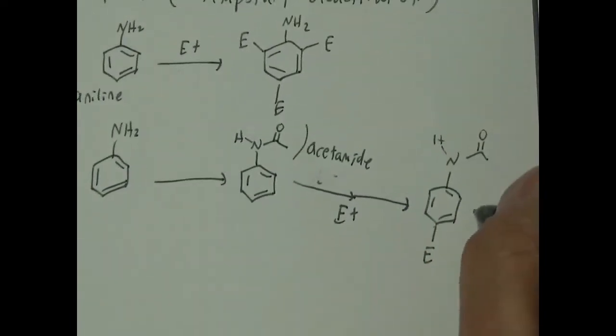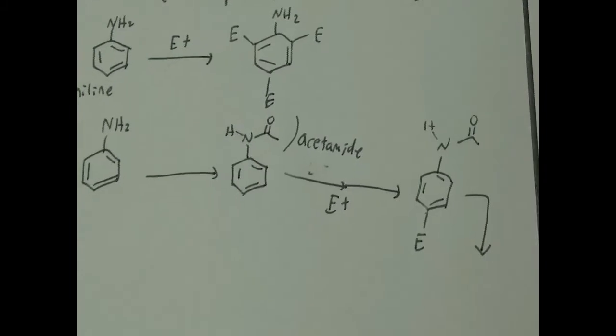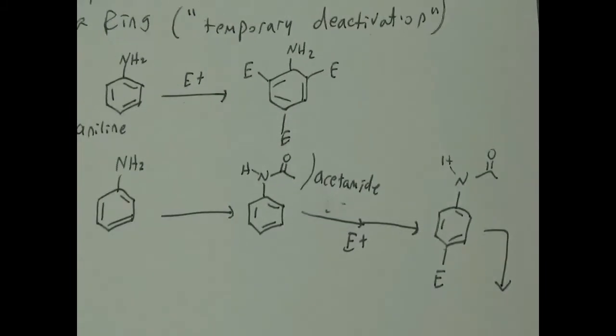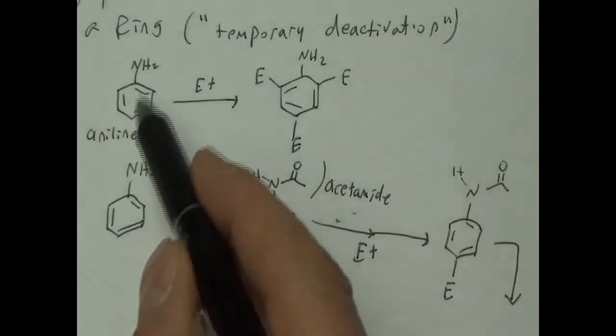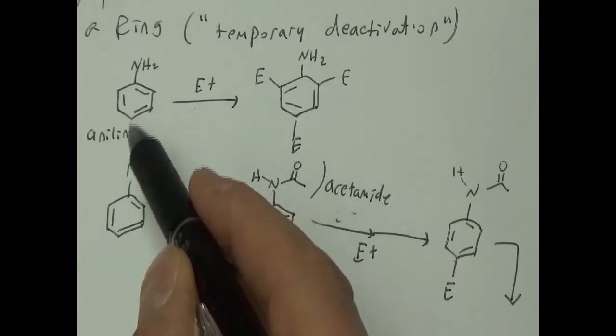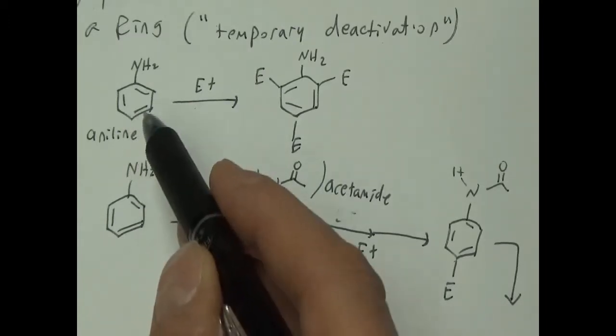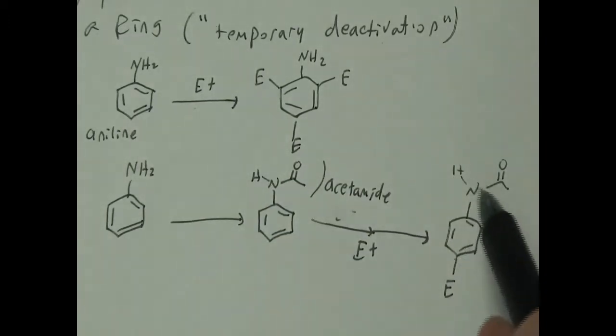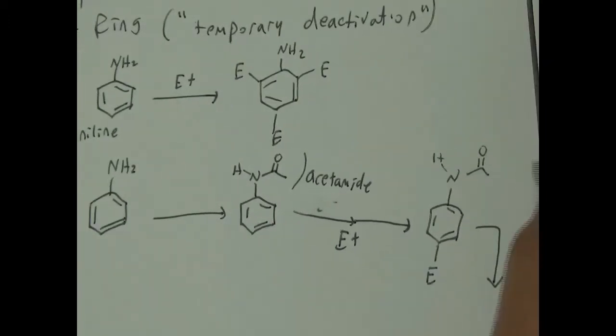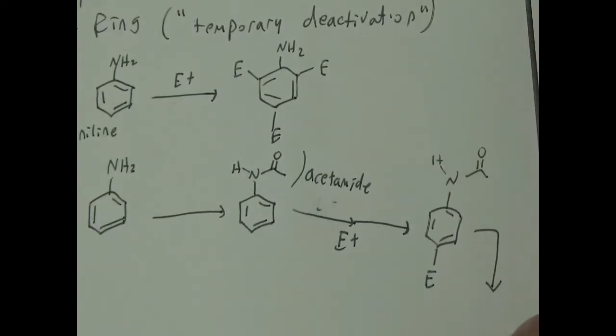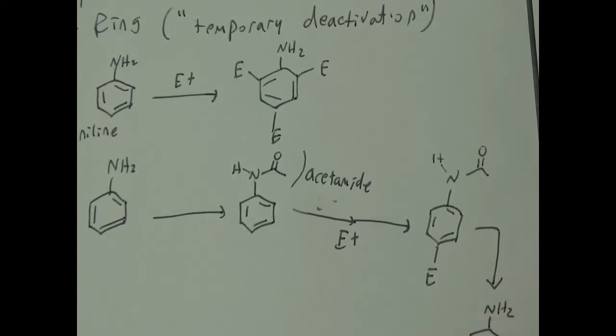Alright, so now the only question, if our original goal was to take this and attach a single thing to the para position, this is pretty good, except now we've got to get rid of the amide, and we have to hydrolyze off the amide using some stuff that we'll learn about a little bit later in the course also.